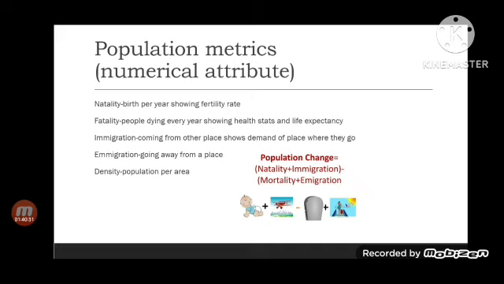Then there are barrier methods. In these, the gametes don't meet due to certain barriers like condoms, and then diaphragms, skull caps, and vaults.